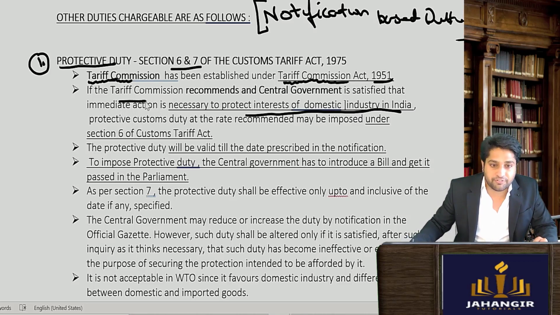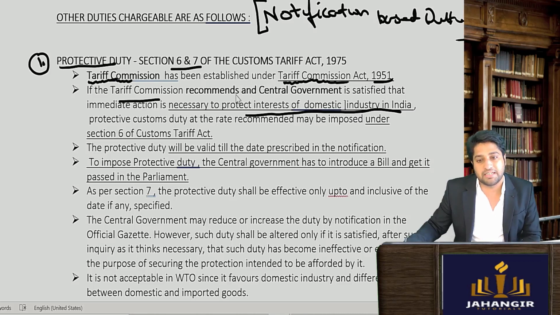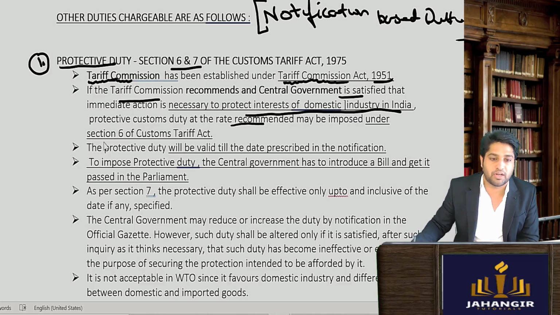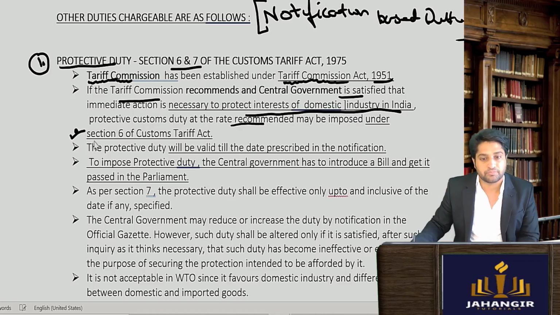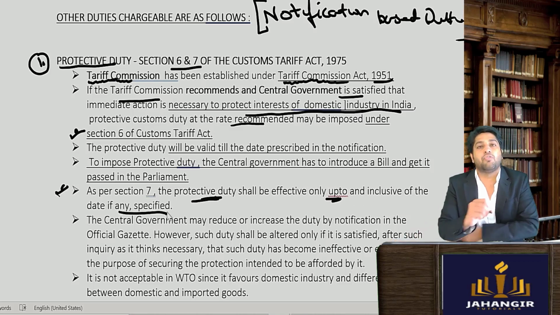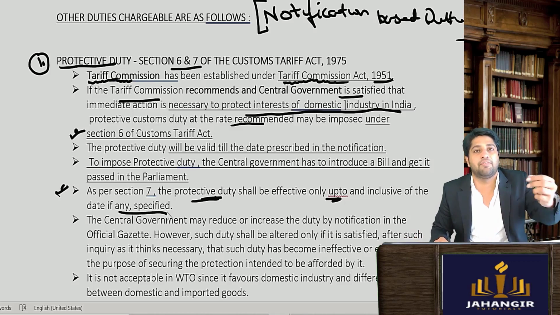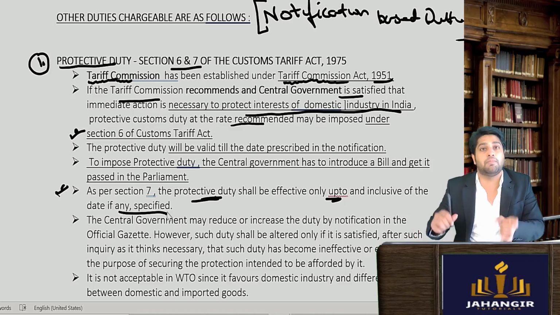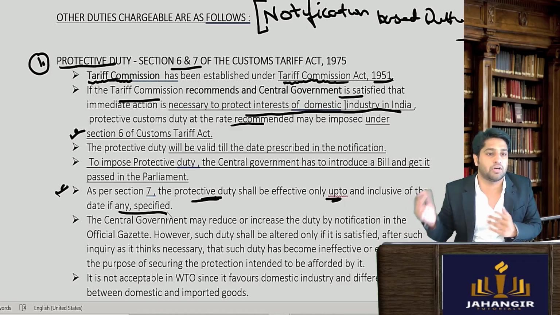If the Tariff Commission recommends and the central government is satisfied that immediate action is required to protect the domestic industry, then they will recommend and impose a duty called protective duty under section number 6. Section 7 says protective duty shall be effective only up to and inclusive of the date specified, if any. For example, if they say that this duty will be levied for XYZ time period, it will be only for that time period, then it will not continue.